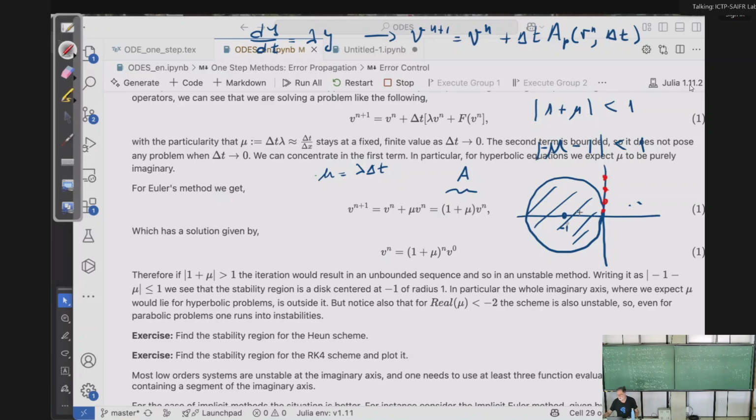So this method is not good. That's why instead of having a solution going around in a perfect circle, we saw a solution that was growing like this. It's because we were somewhere here, and the solution is growing because this factor is bigger than 1.